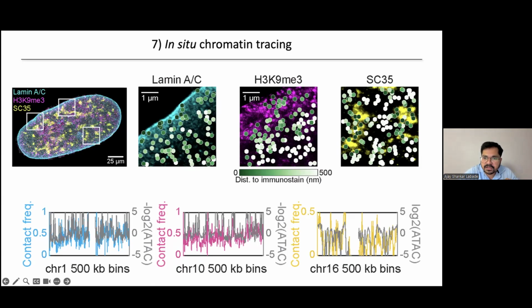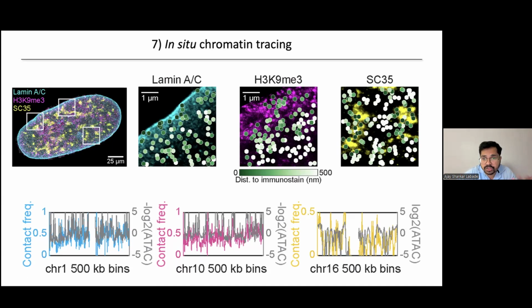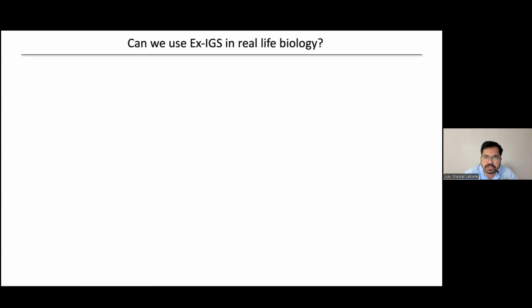In the case of lamin, it separates from the lamin contact frequencies, whereas for speckle, which is active, the ATAC score is very well correlated with the distances. That means the distance correlation is working. So now we can literally trace the chromatin that is associated with each mark in situ, and not just trace, but also look at its 3D position.